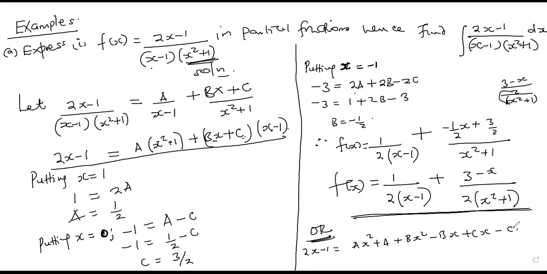So looking at this, those which are quadratic, you put them together so that you have 2x minus 1 is equal to, factorize out x squared, so it will be x squared into a plus b, plus those with x, put them together, so you have x into negative b plus c, then plus those without any value of x.